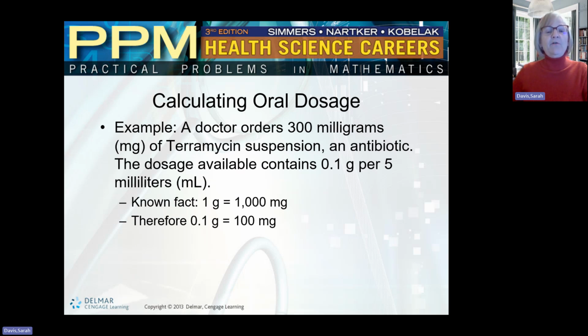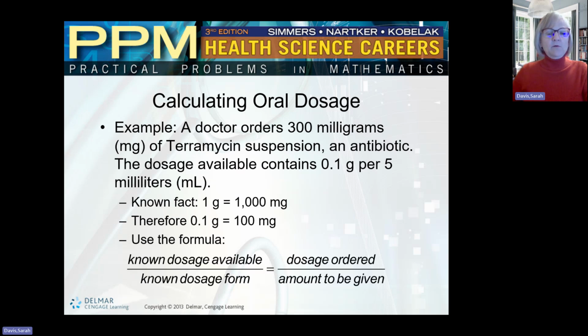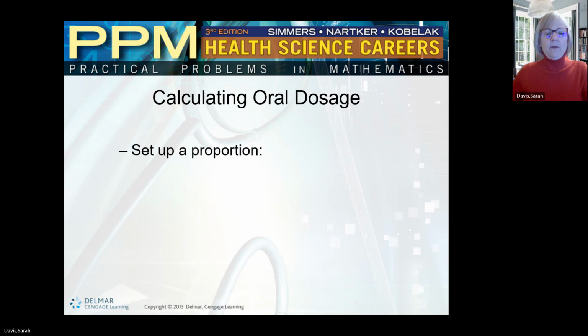Then we can use the formula. Ready? Known dosage available over known dosage form, dosage ordered over amount to be given. So let's set up that proportion. What do we know? 100 milligrams per 5 mils.